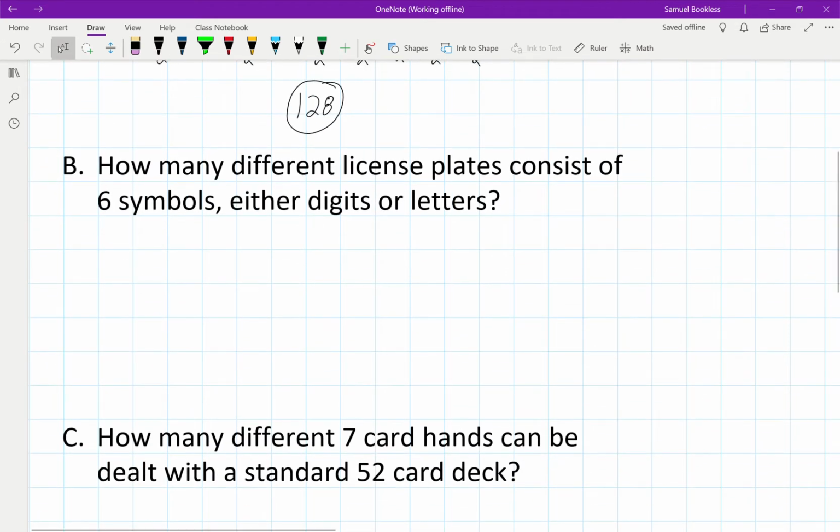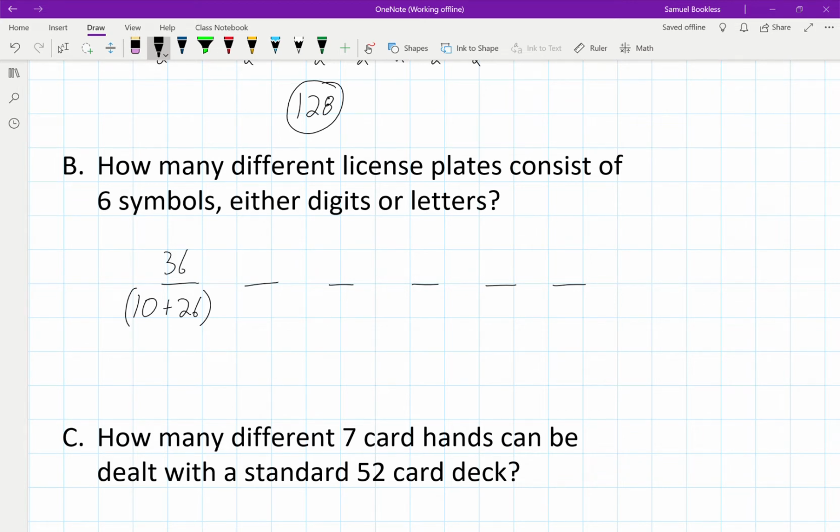How many different license plates consist of 6 symbols, either digits or letters? And so I'm thinking of this as, okay, I have 6 spots that I need to fill, and it's digits or letters. Well, I have 10 options for digits, and I have 26 options for letters.